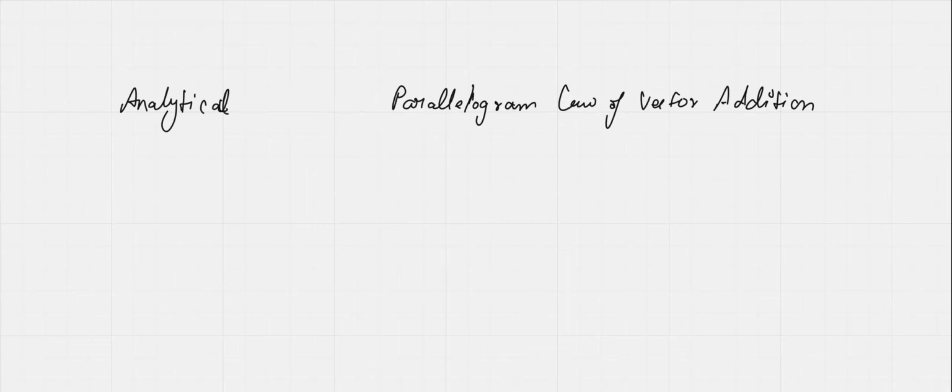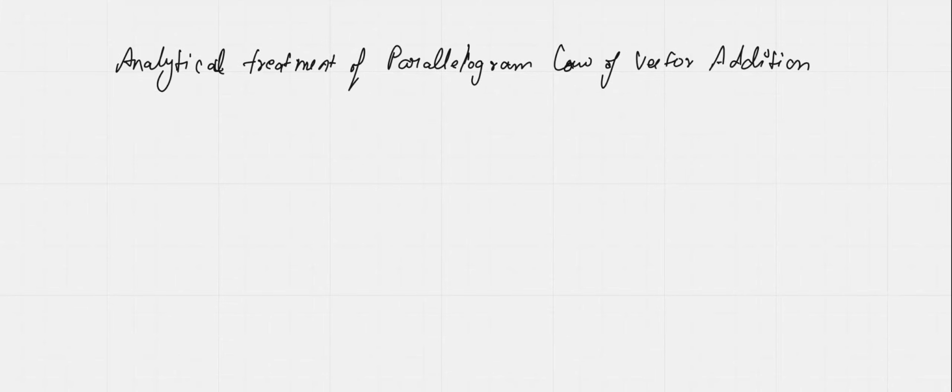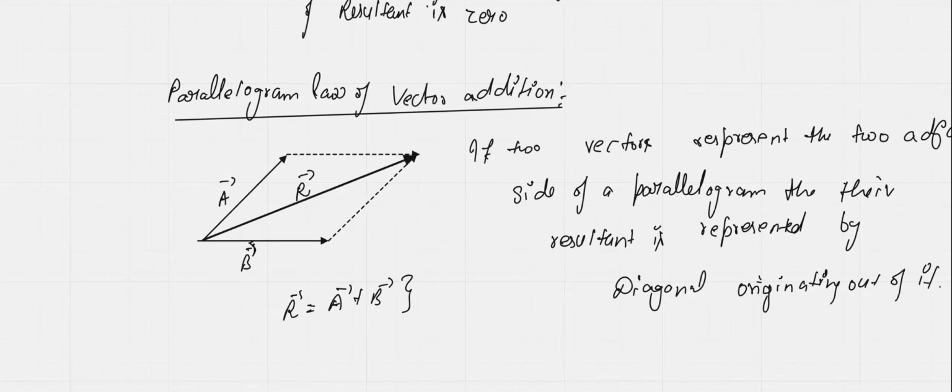Analytical treatment of the parallelogram law of vector addition. Again, as per the definition, I know one thing: if two adjacent sides are representing the vectors, can I just go and get the vectors from there itself? Go to the first page. I may try to copy this vector.